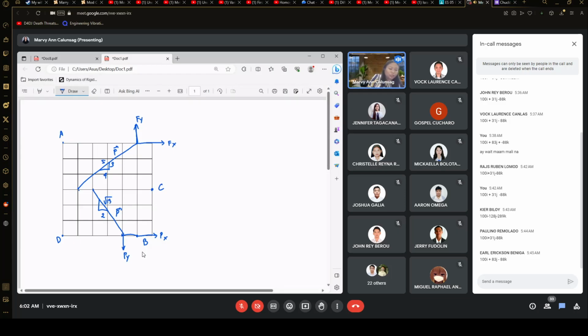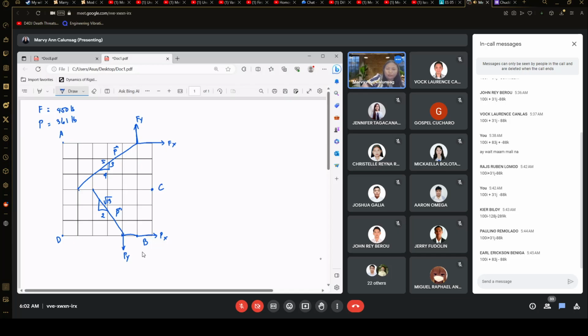So in this figure, let us assume clockwise rotation as positive. Compute the moment of forces F and P, given F is 450 pounds and P is 361 pounds.